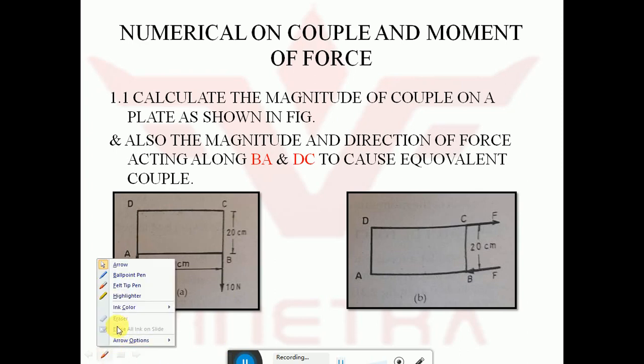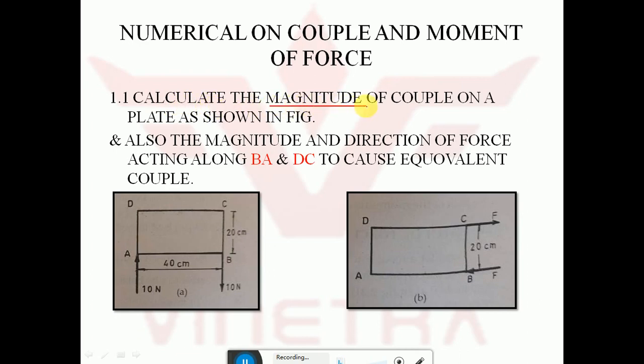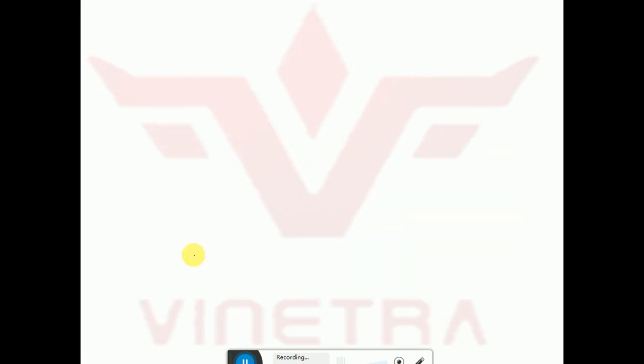Now let us solve this problem. First they are asking to calculate the magnitude of the couple on the plate shown. So first they want to find out what is the magnitude of the couple.